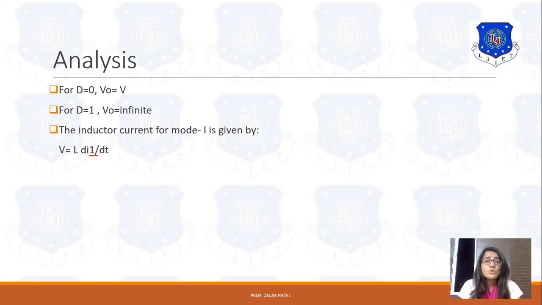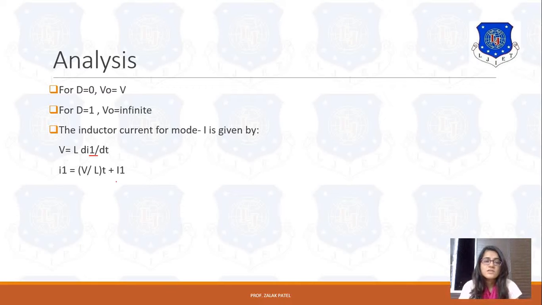Now if we want to write this equation in the current form, we have to take the integration of the term. So it can be like this: I1 is equal to V upon L, as L goes into the denominator, V upon L into T. Why into T? Because of the integration of dt, but there is no term of time present in the above equation, so the integration of 1 is T. So V upon L into T plus I1.